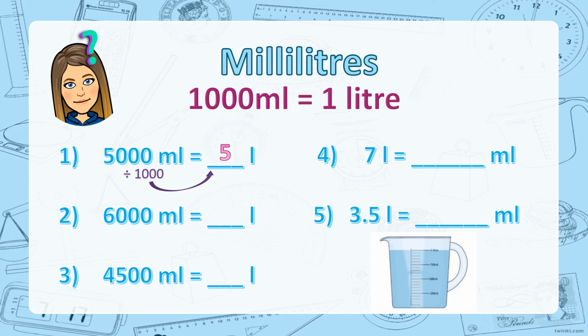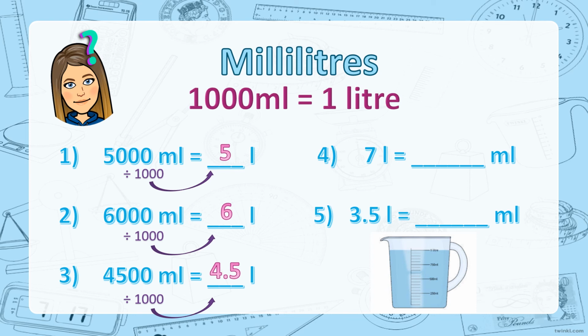What would 6,000 millilitres be in litres? Well done, 6. Excellent job. And now, what would 4,500 millilitres be in litres? Remember to divide by 1000. That means we need to move the digits 3 times to the left. Great job, Amington Heath, 4.5.